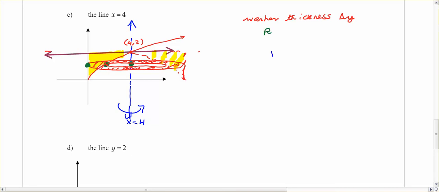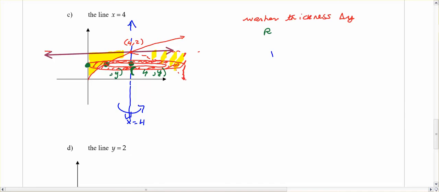We do that when we write the coordinates of our points. Notice they all have the same y value. That's a reminder that we're going to be working in terms of y. They have the same y. The x of the center is 4.